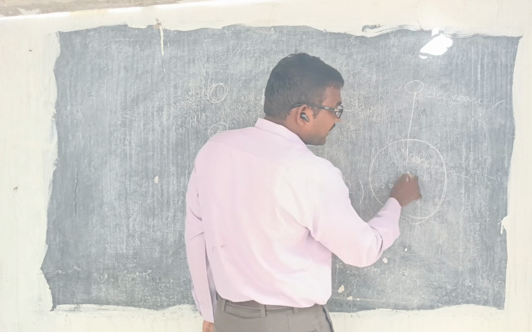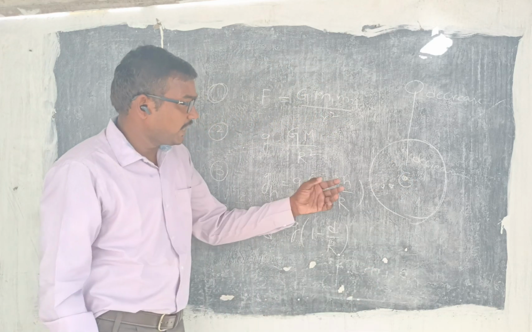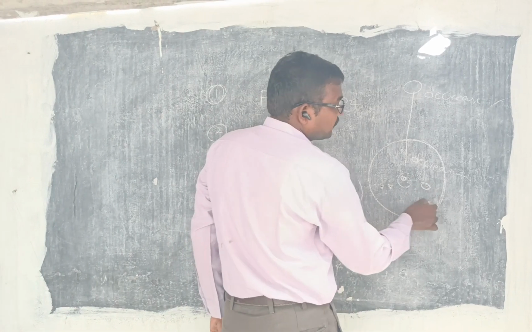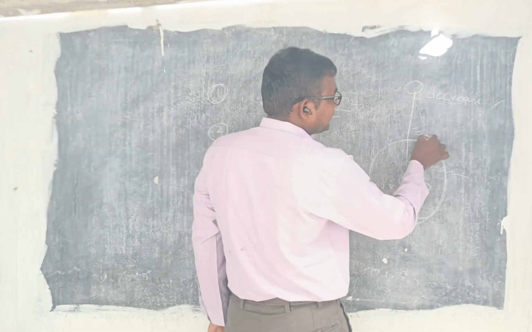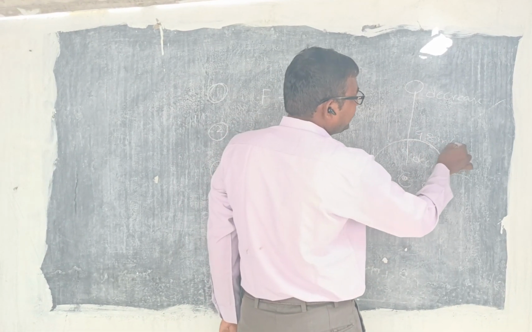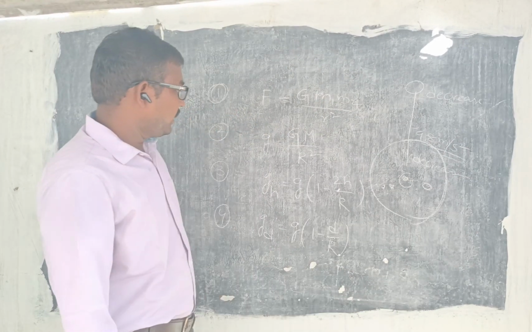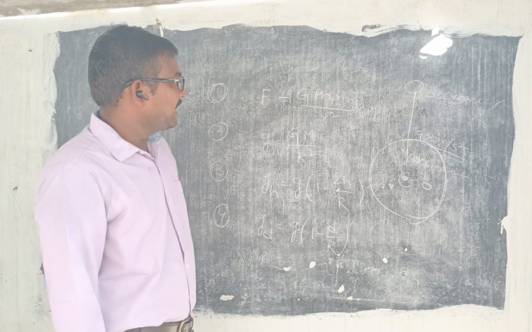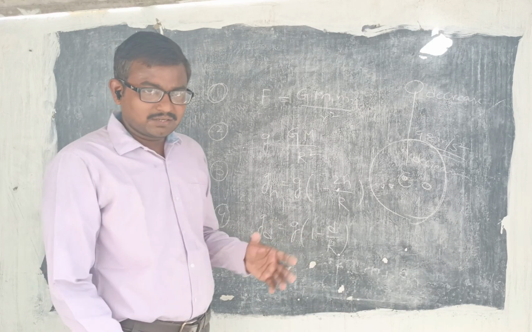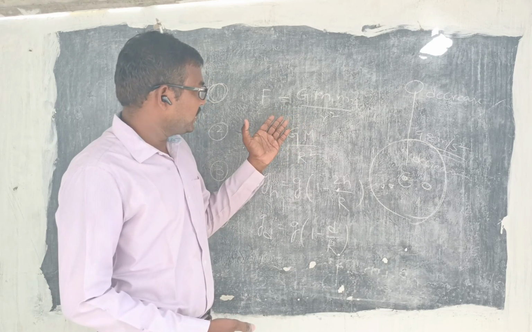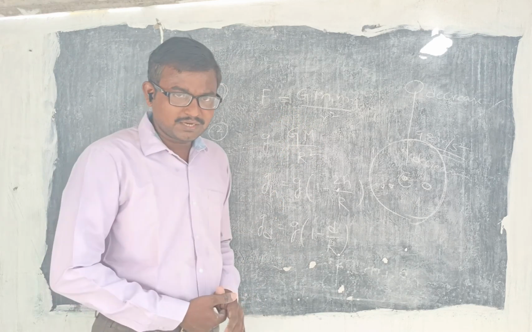At the center of the earth, the value of gravitational acceleration is 0. On the earth, g equals 9 meter per second square. This is the information about the gravitational acceleration and Newton's law of gravitation.